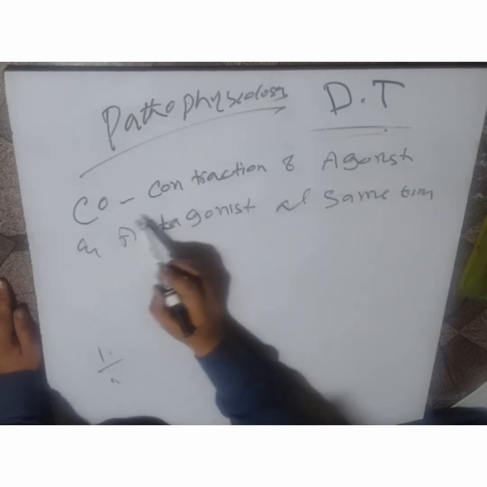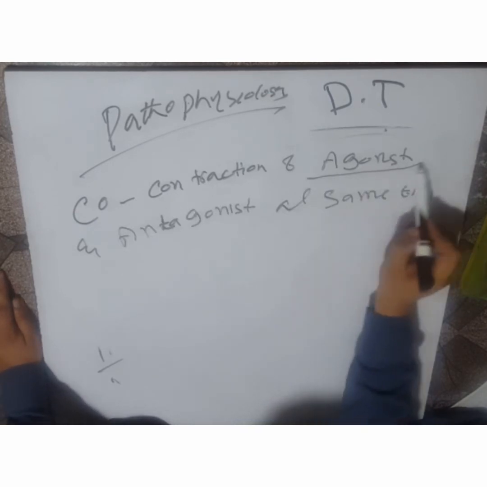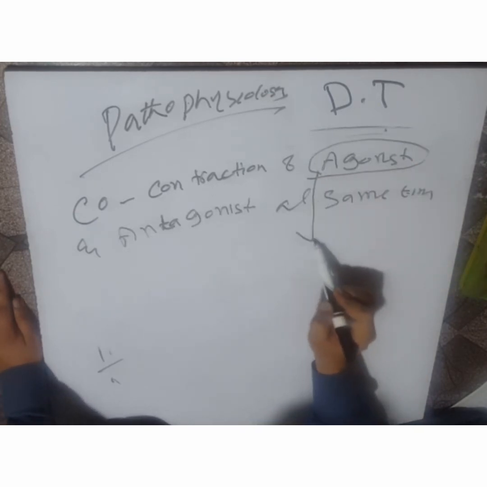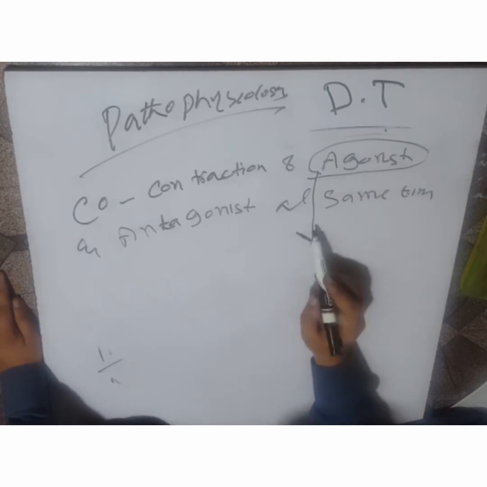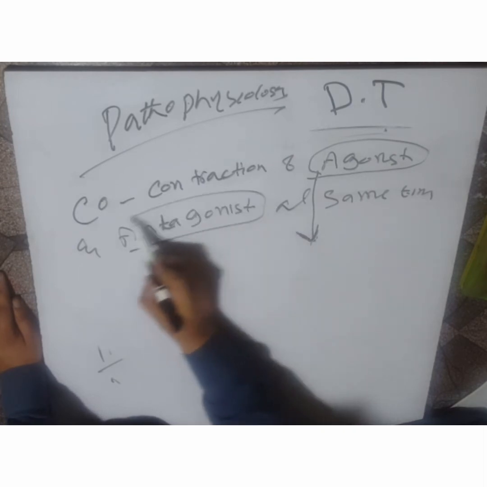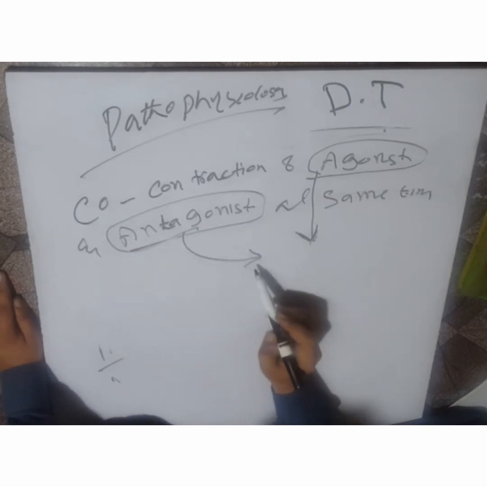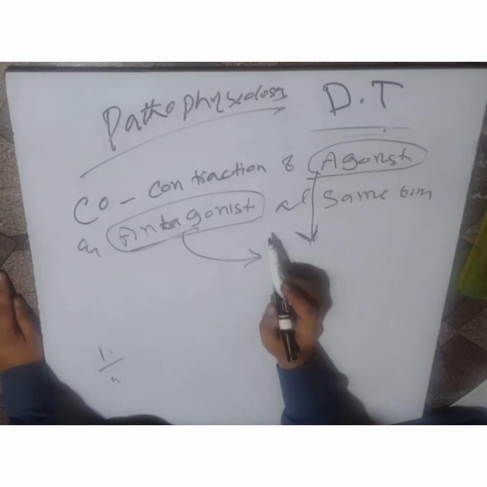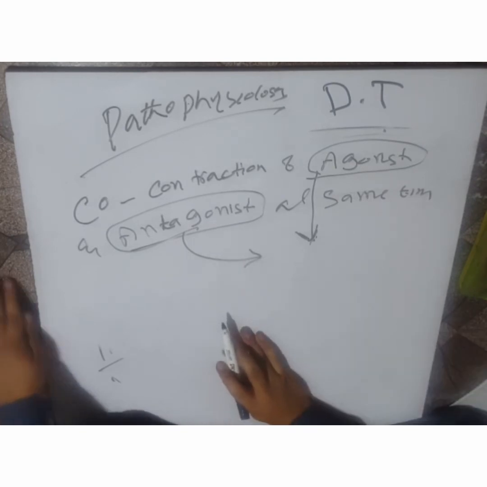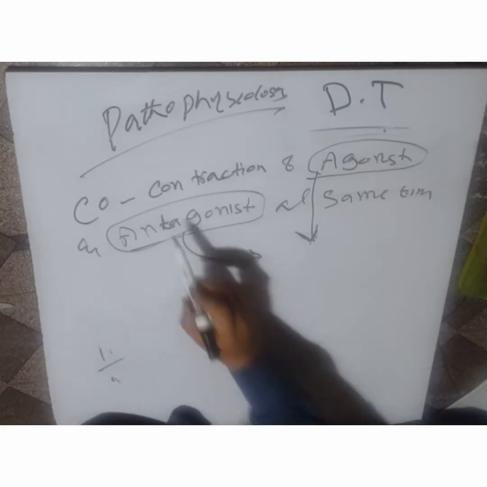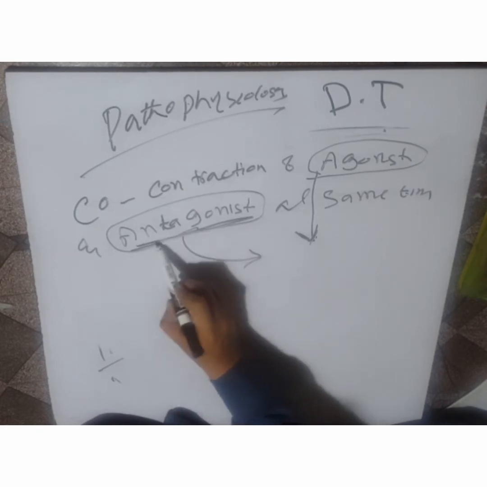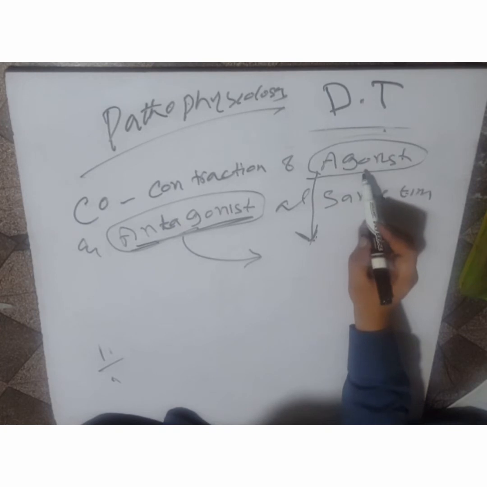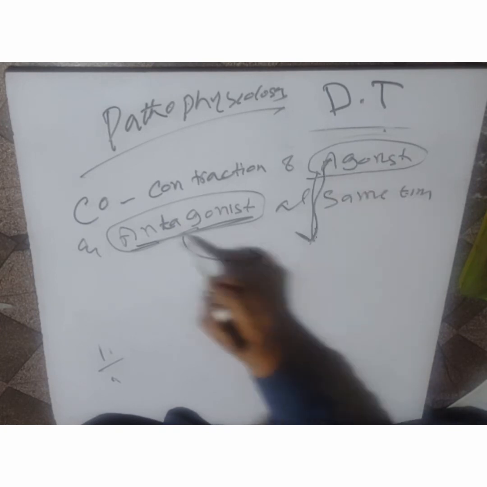For example, the agonists initiate the movement that may be purposeful, and antagonists inhibit the movement that may be purposeless. This is the normal mechanism. But in dystonia, there is co-contraction of both the agonist and antagonists. So when we initiate the movement, agonist work, antagonist inhibit.